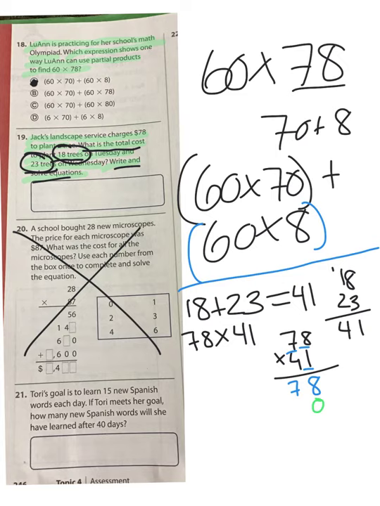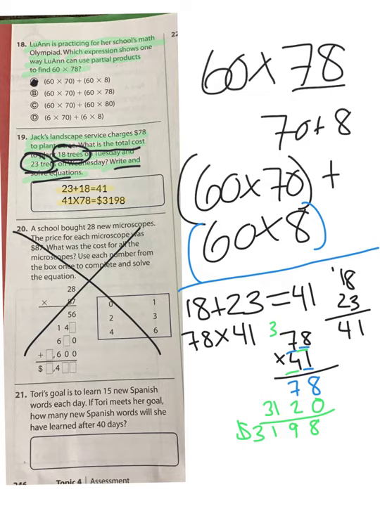Erase anything you regrouped, which we did not. So now we're going to multiply. 4 times 8 is 32. Put your 2, regroup your 3. Then 7 times 4 is 28, plus 3 more is 31. So we can add them up, and we will get a total of $3,198. I wrote the two equations for you over here, and then we did our work on the side.